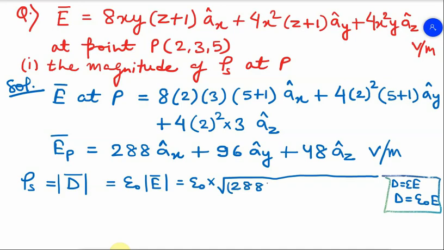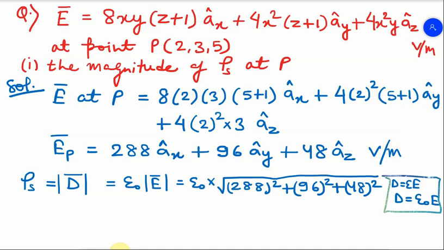Now what is epsilon 0? Epsilon 0 is 8.854 into 10 power minus 12. You multiply that with this, then you will get the value of rho s.